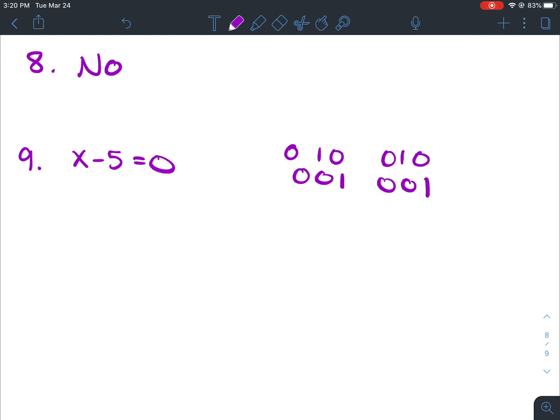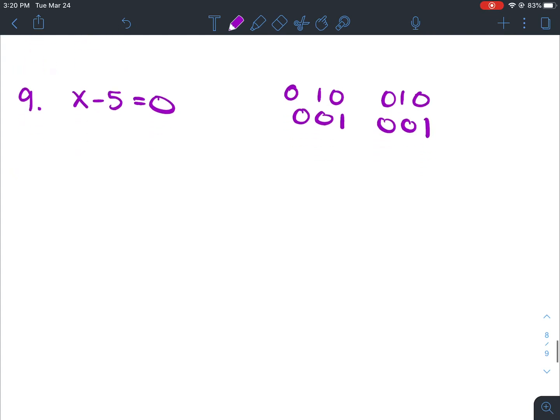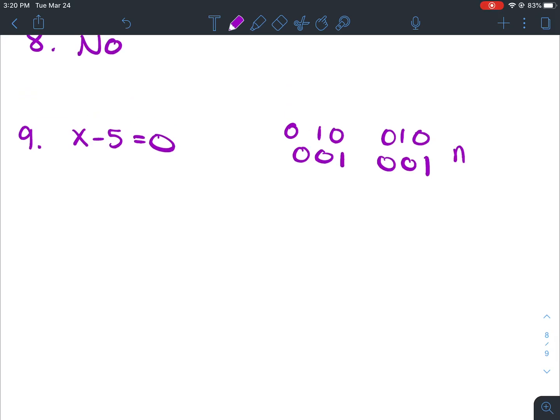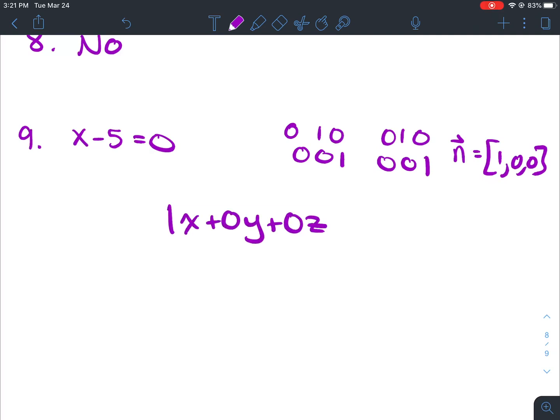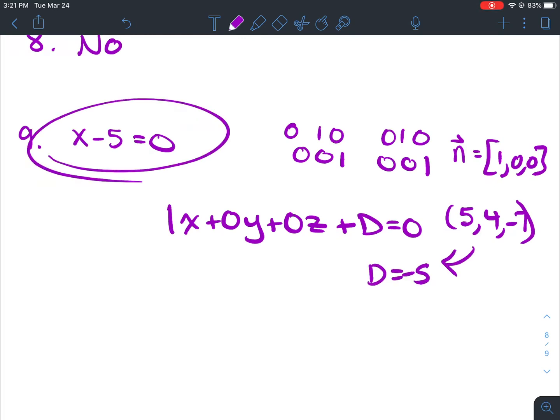Wait, I'm just thinking. The cross product will give you the vector (1, 0, 0). And then you have a point. So you sub in 1x plus 0y plus 0z plus d equals 0. And then you sub in a point. So your point is (5, 4, -7). You just sub it in, and you find out that d equals -5. And then that's your equation.